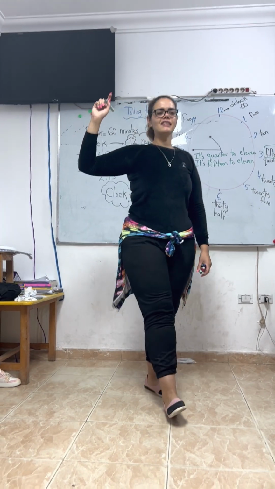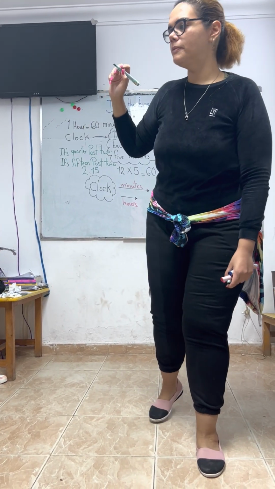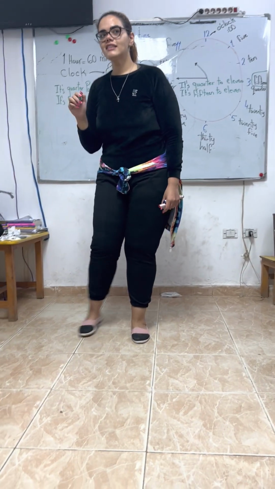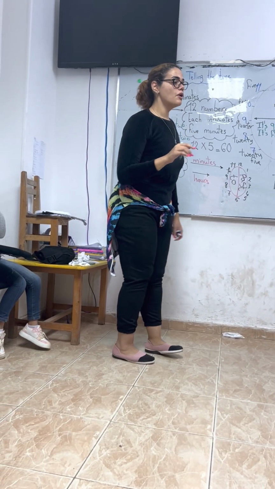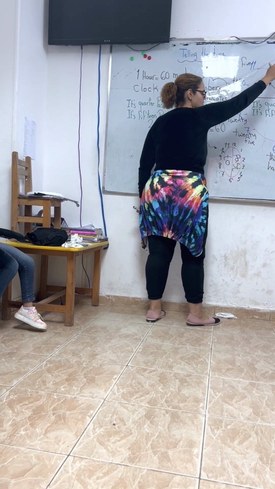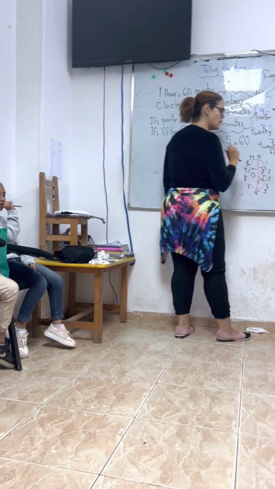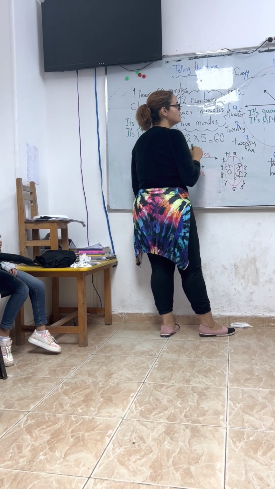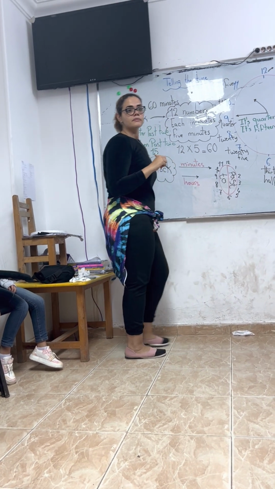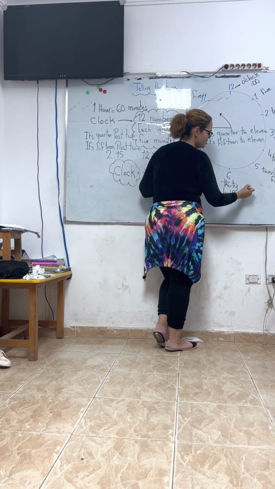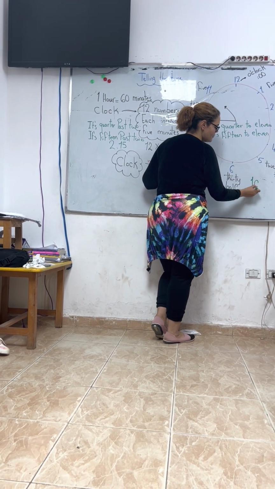When I write it like the digital clock in your mobile, using the numbers, listen well. When I write it using the numbers, I'm going to add the amount of minutes. If I wanted to write with numbers, what is the hour? 11. Great job.